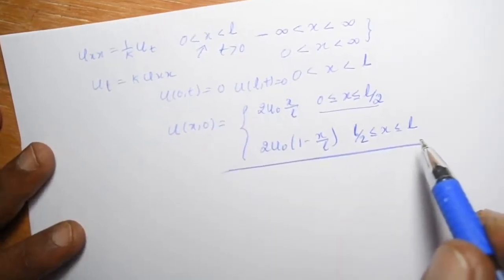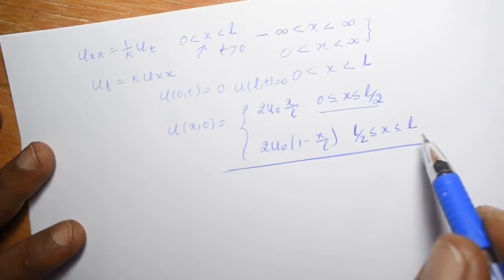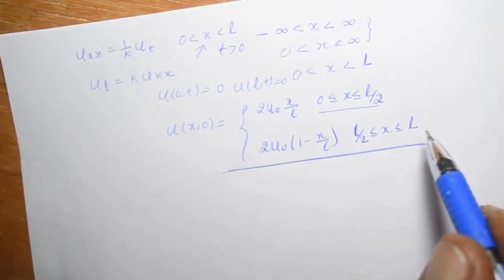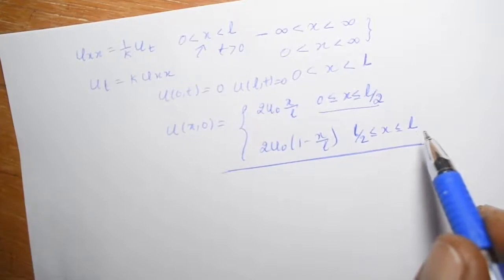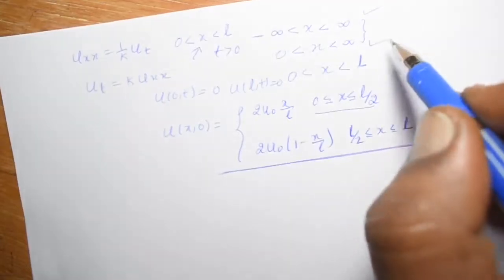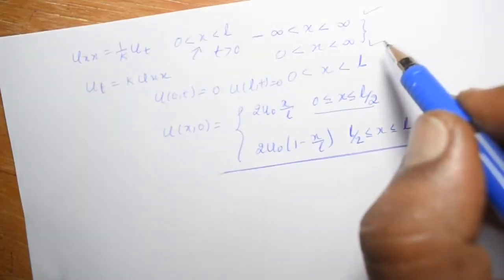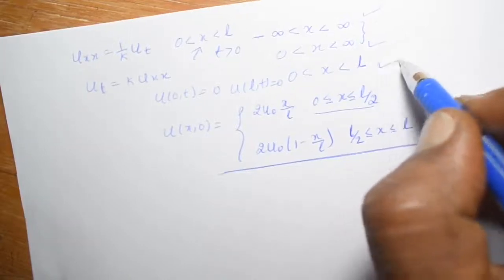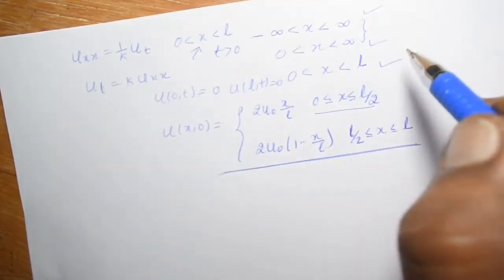For this problem you have to find the solution with the help of the Fourier transform technique. As you know, the Fourier transform is defined in three different domains: the infinite domain, the semi-infinite domain, that is Fourier cosine transformation and Fourier sine transformation, and we have also studied the Fourier transformation in the finite domain.